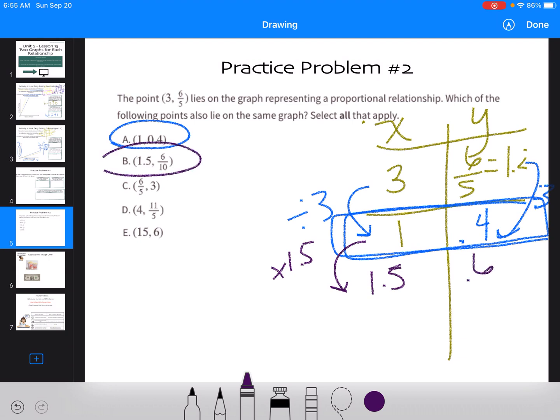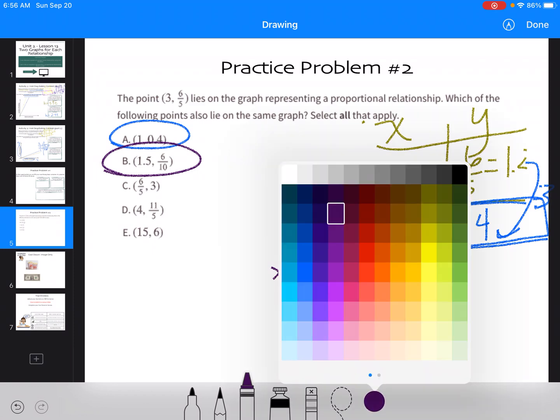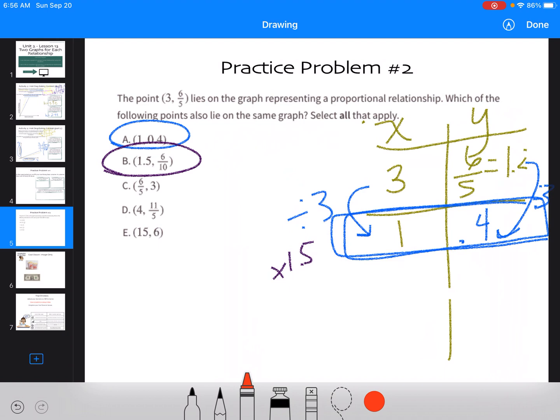So this one's also correct. Okay? I'm only erasing it because I think it's going to get confusing if I keep all this stuff on there.